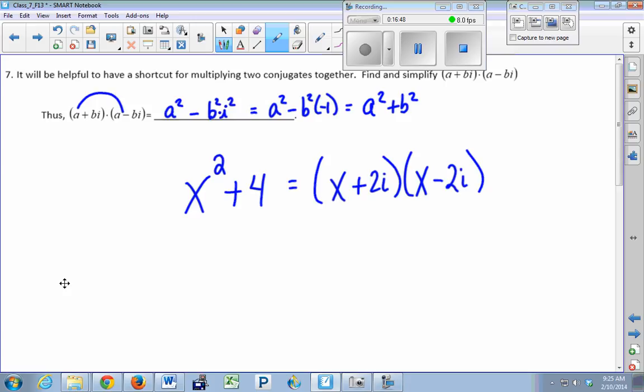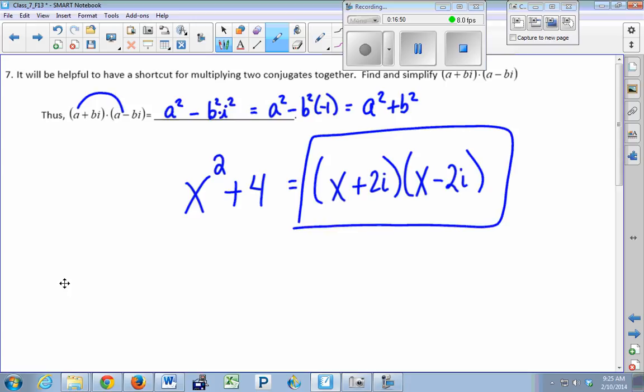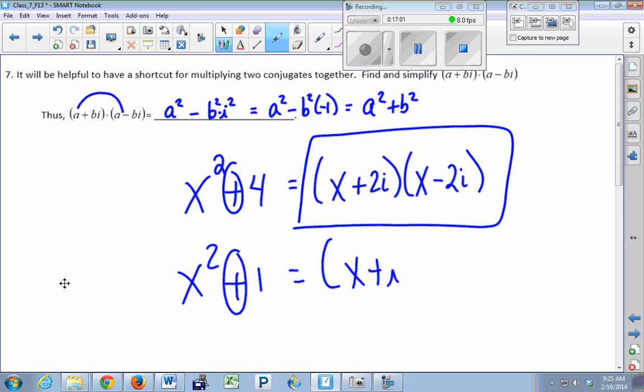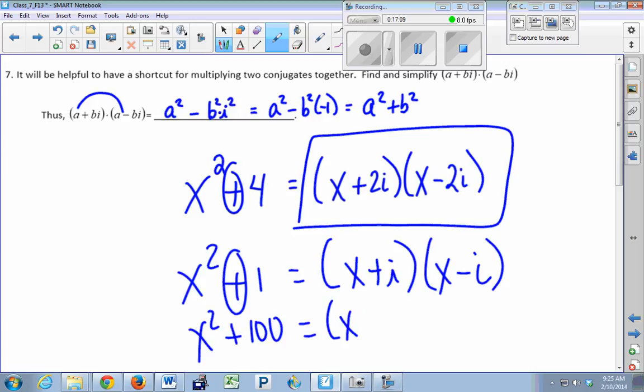Sums of any perfect squares always have factors that look like this. So if you had x squared plus 1, 1 is a perfect square. This is a sum. You just say x plus i, x minus i. x squared plus 100, x plus 10i times x minus 10i.